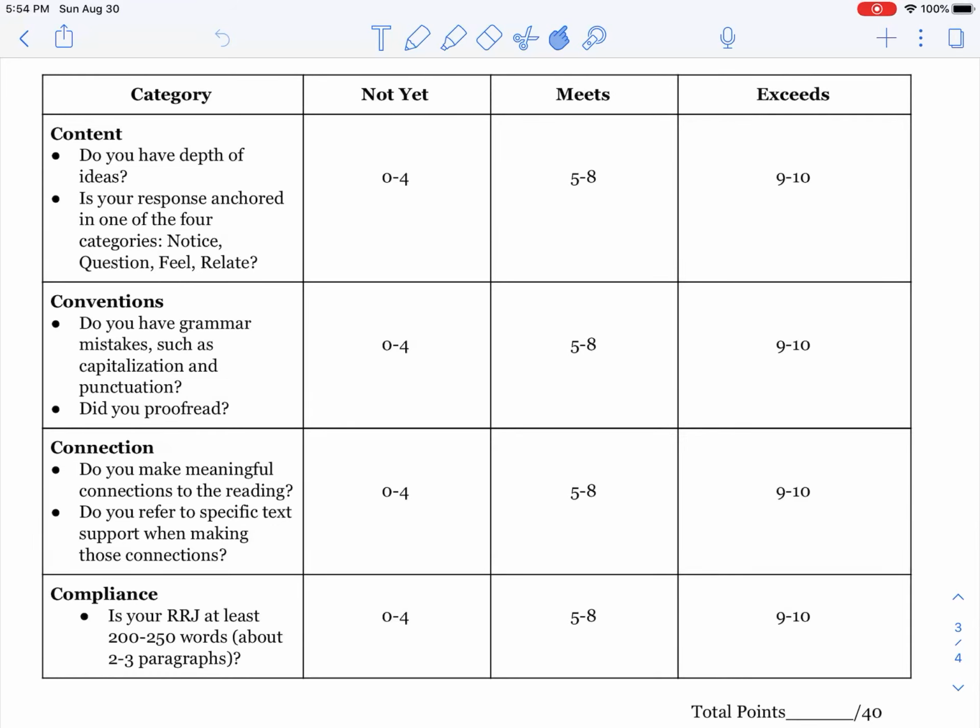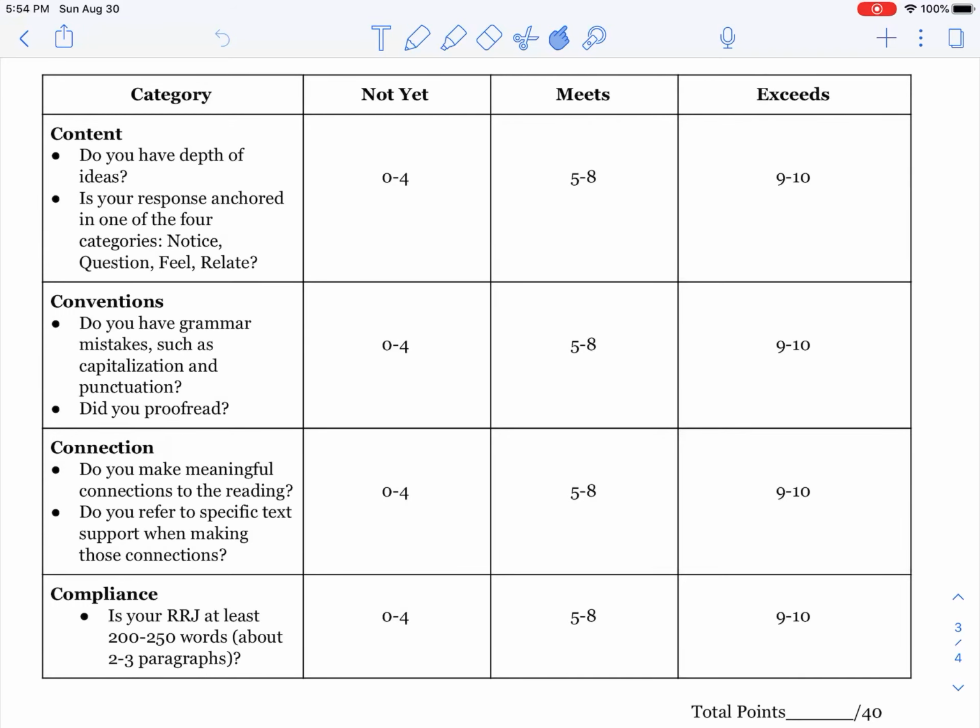Conventions, this is proofreading and editing. If you are not yet meeting that, you'll get 0 to 4 points, meaning any range within that: you either clearly didn't proofread, you're not writing complete sentences, you're not capitalizing your words. If you are meeting it, you'll get 5 to 8 points because you very obviously are doing a pretty good job with proofreading.